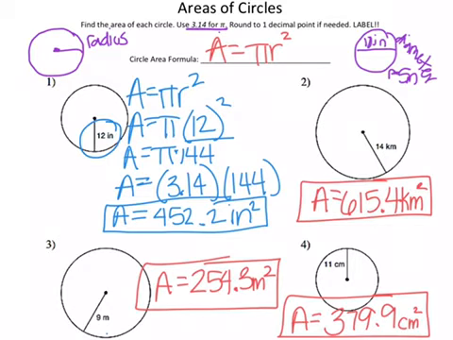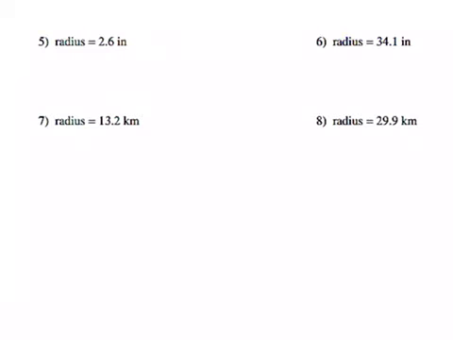Maybe check and see if you plugged things into the calculator correctly, and just make sure you have the right answer. Now we're just given a radius for a circle. We aren't even given the circle itself, which is not really what is needed because we remember that our area is pi r squared, we just need the radius to plug in. We know what to plug in for pi, it's 3.14.